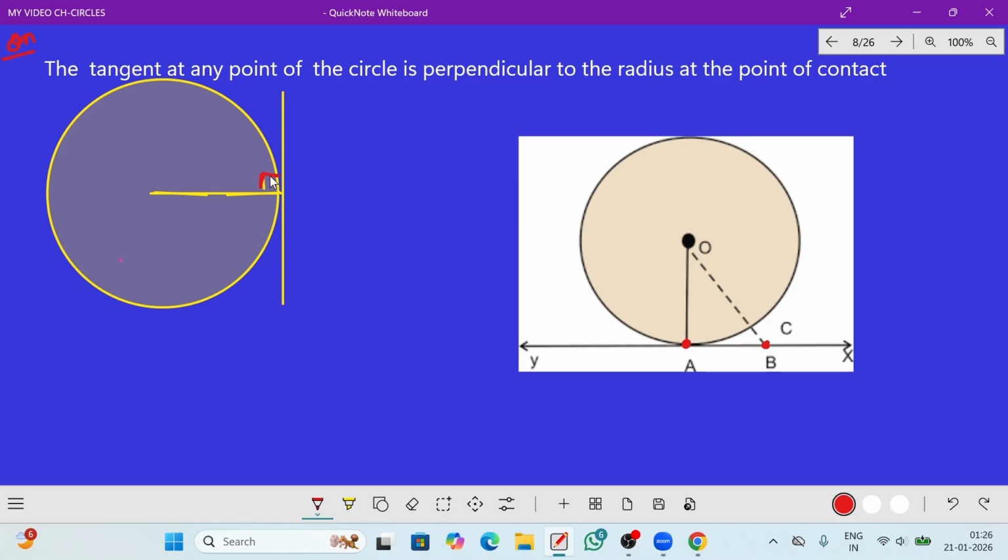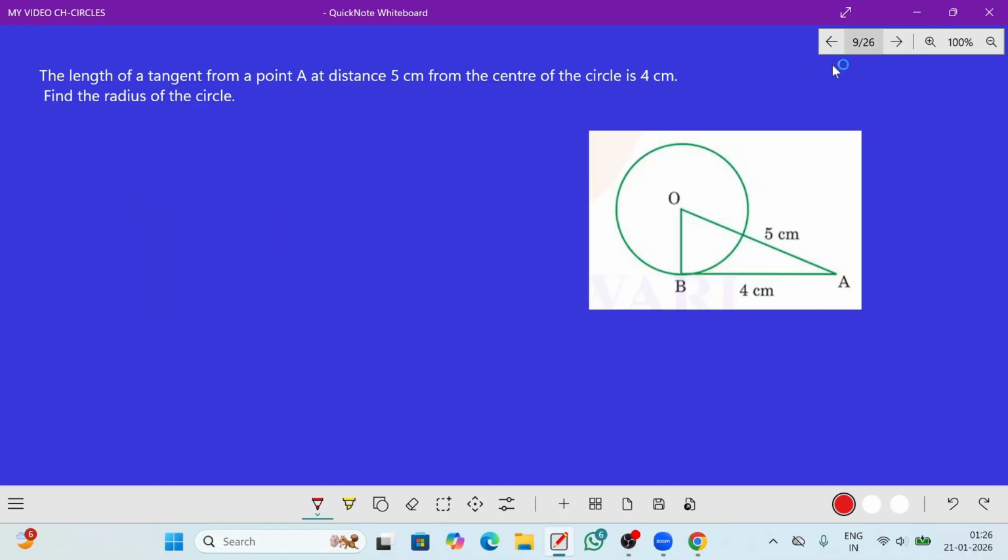Or we can say that the tangent drawn at this point of contact to the circle is perpendicular to the radius. Either we can say this radius is perpendicular to the tangent, or the tangent is perpendicular to the radius. Both meanings are the same. Next, here we start with the question.